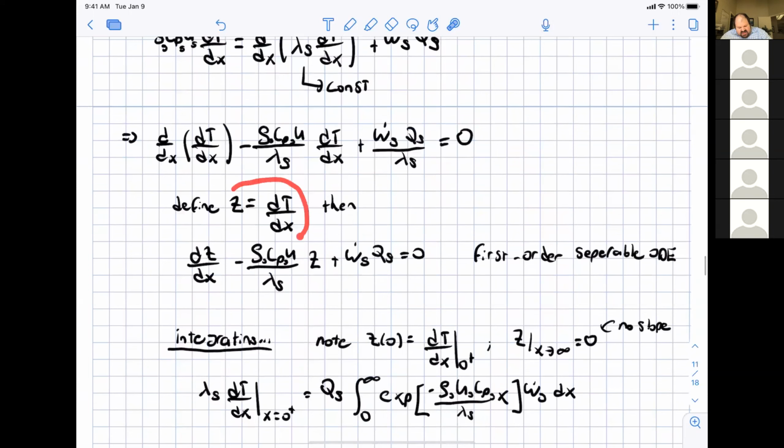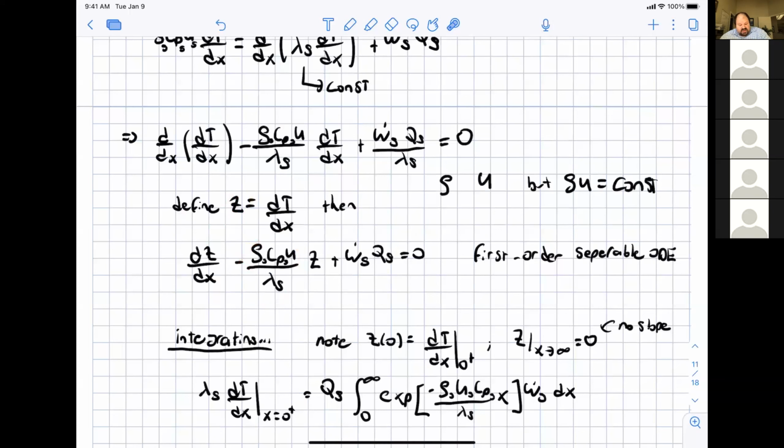So I'm going to define z equal to dT/dx. Then if I substitute z in, we have dz/dx equal to rho Cp U over lambda times z plus omega dot g q g. Now this is a fairly straightforward ODE to integrate. This may look non-constant, but it is constant because even though rho is not constant and U is not constant, rho U is constant.